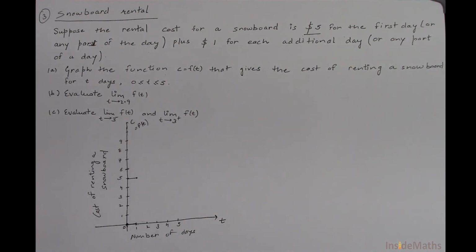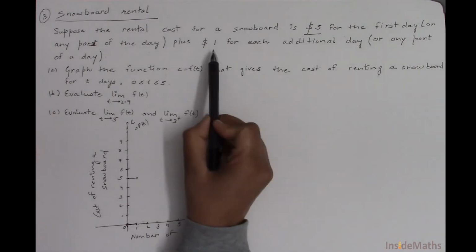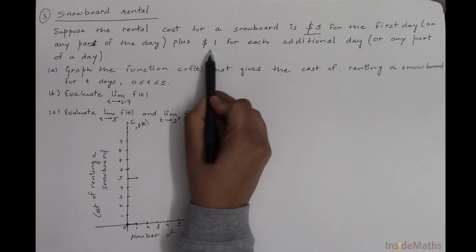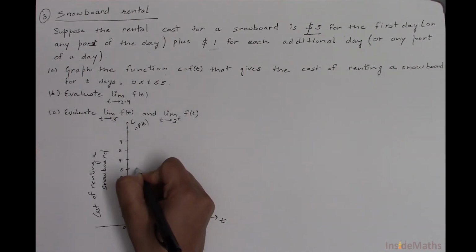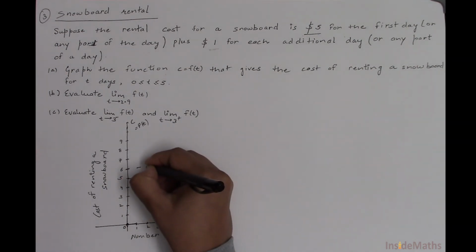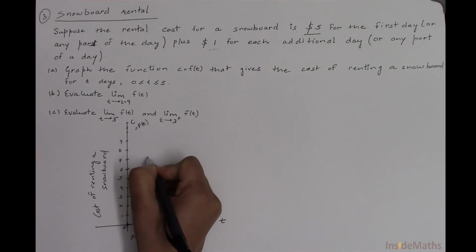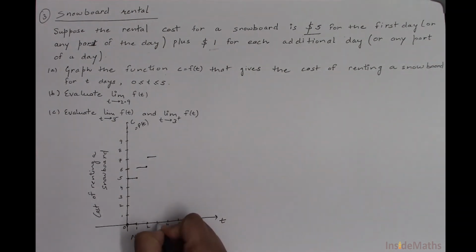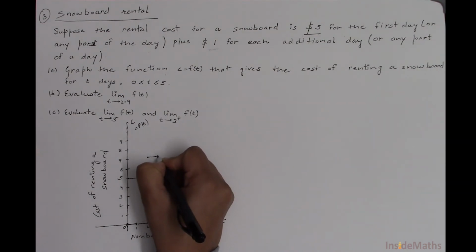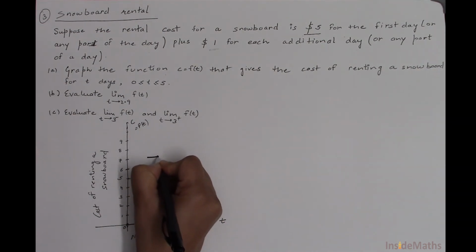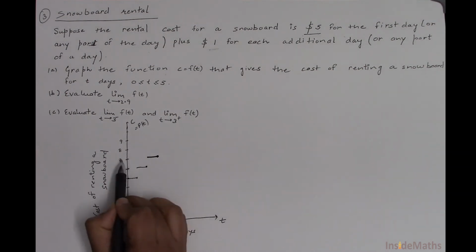5. Next, now when T is more than 1 and when T is less than or equal to 2, that means the second day, then the cost is 5 plus 1, that means 6. Now when T is more than 2, then the cost will be 6 plus 1, that is 7.